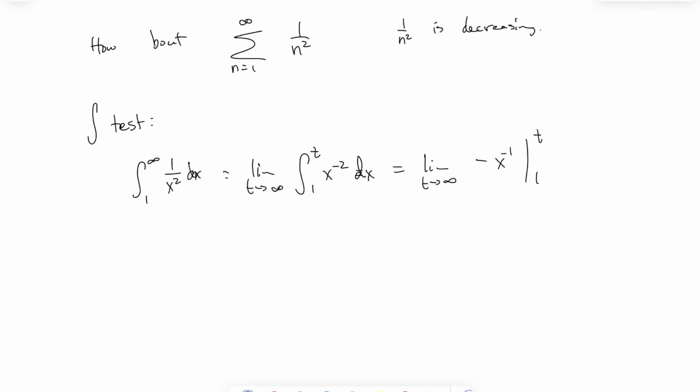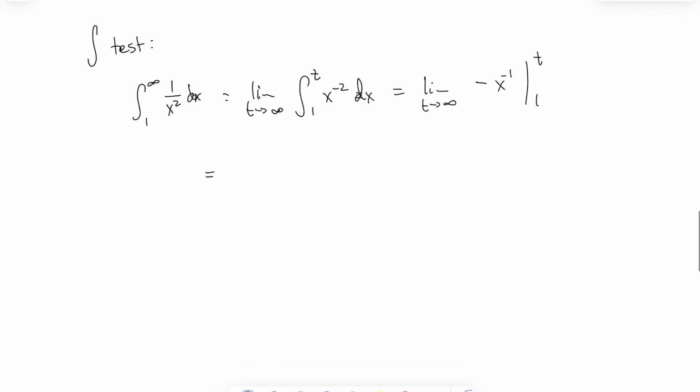All right, these are pretty straightforward improper integrals. I hope everybody remembers how to do them. Minus t to the minus 1, and then subtract minus 1 to the minus 1. And what is this when t goes to infinity? You should be looking right here.